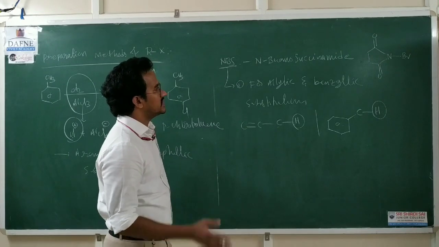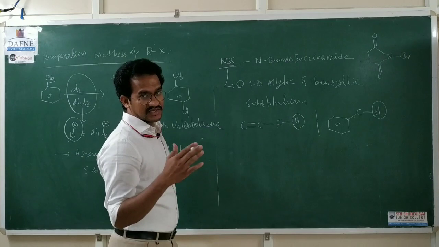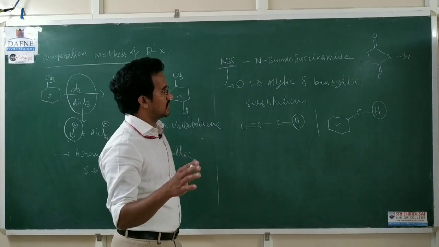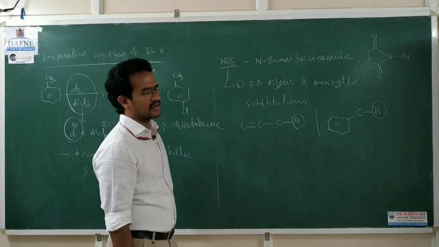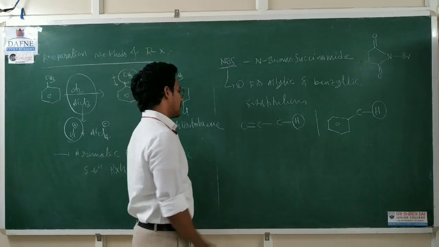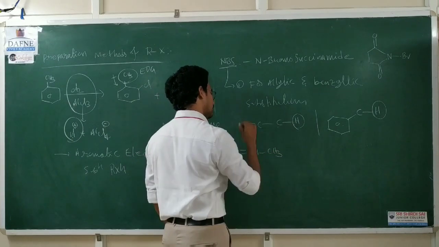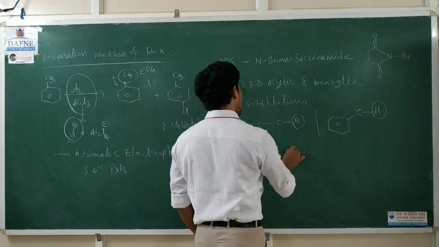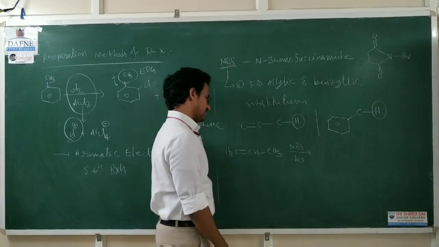Now here, using NBS, you already discussed this in first year, so you can read again from the first year alkenes. So see this one, CH2 double bond CH, CH3. This propene is treated with NBS in the presence of light.